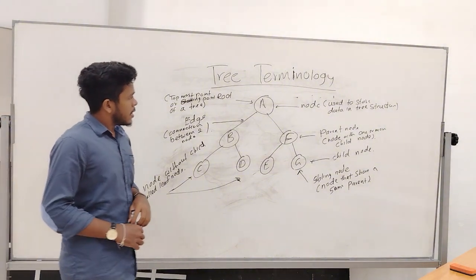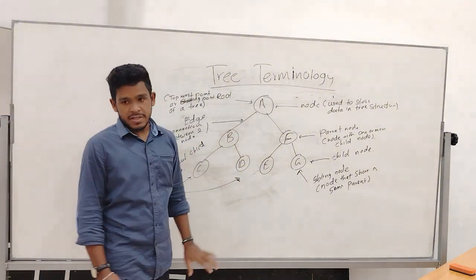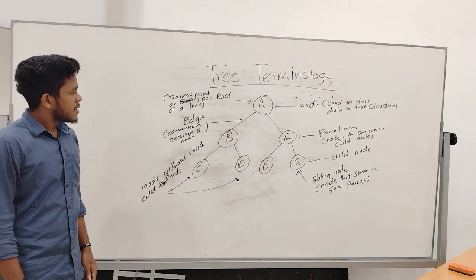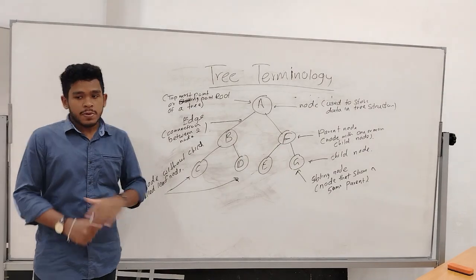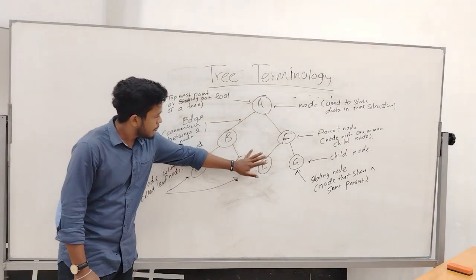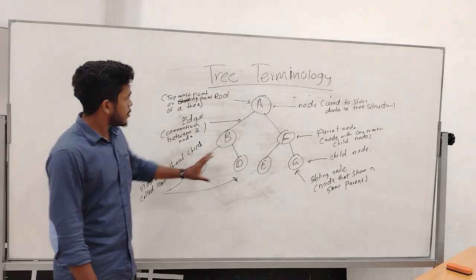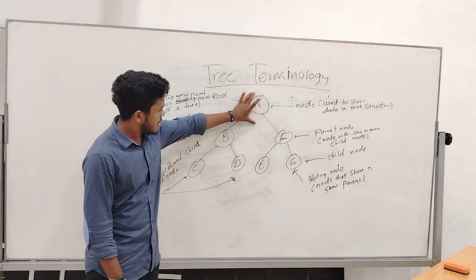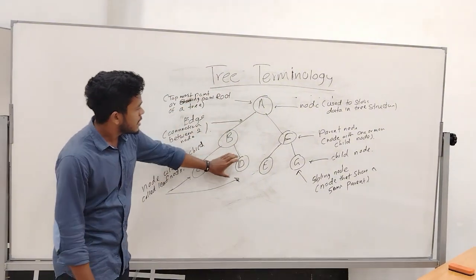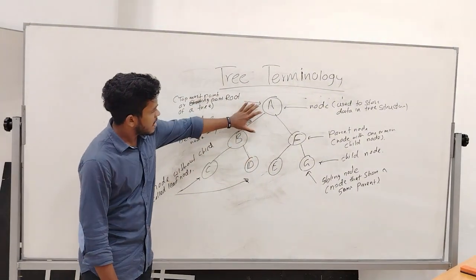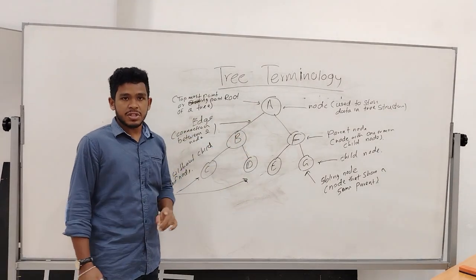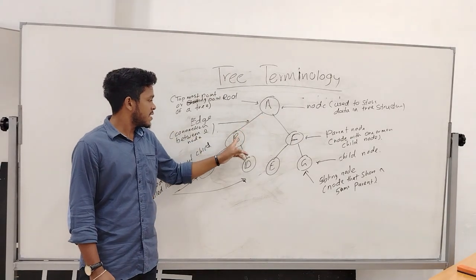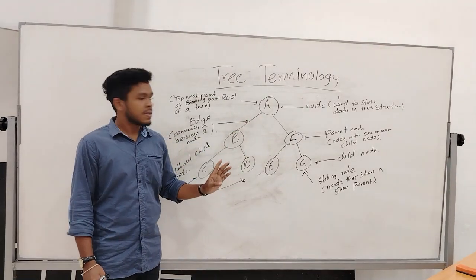So, the number of edges from the root node to a sub node. Let's see, from here to here. The depth is the number of edges. We know that edges are the connection lines between two nodes.